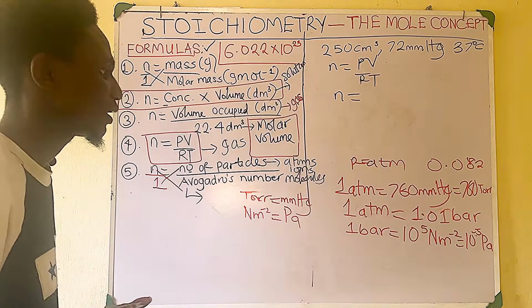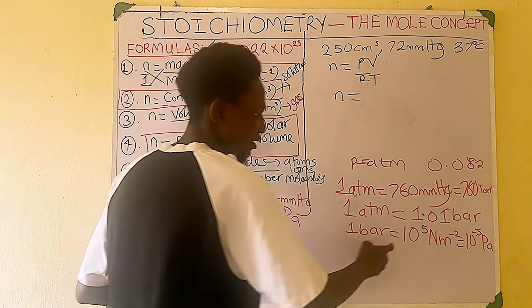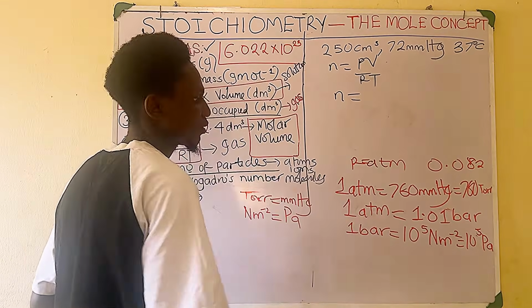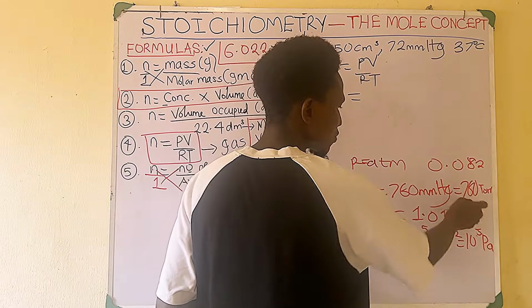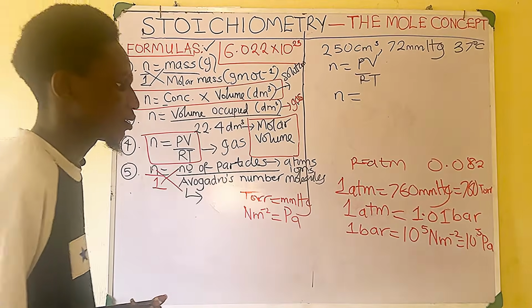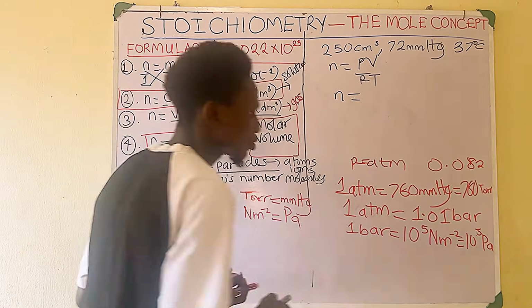So you can see they are related, because you are seeing 10 to the power 5, 10 to the power 5, not minus. Then you are seeing 760, 760. So it means that they are related. Now, if you want to relate atmosphere and Newton meters, what do you do?